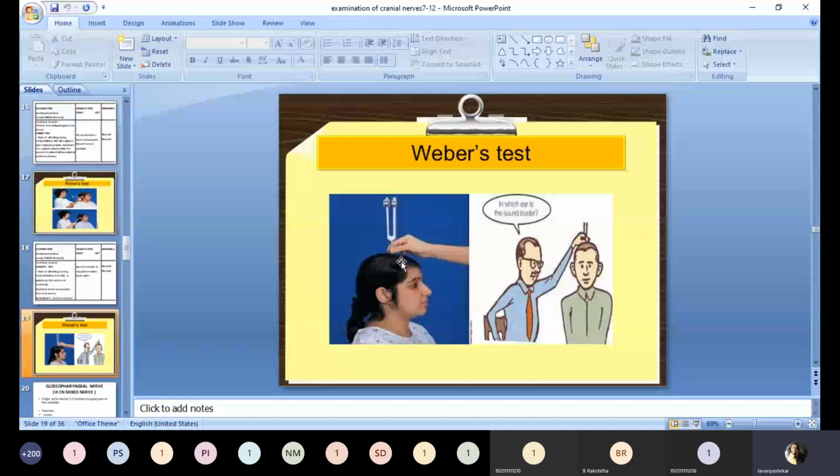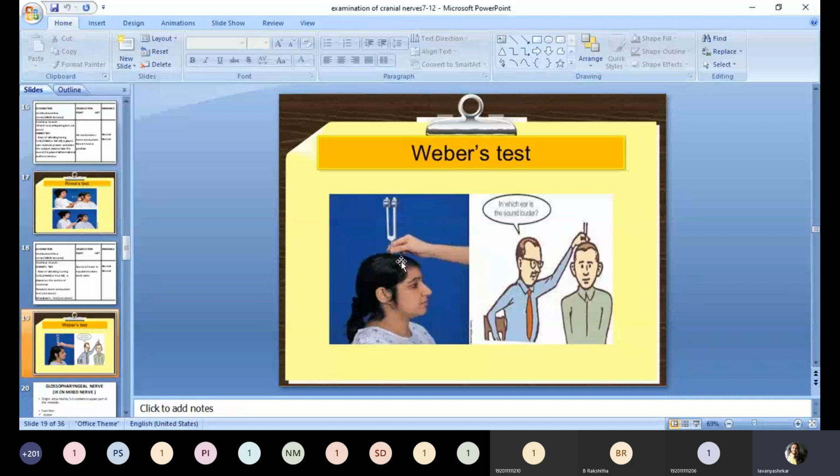I repeat, first you will set the tuning fork into vibration and place it on the forehead. In a healthy individual, when the tuning fork is placed on the forehead, the sound will be heard equally on both the sides. But if the sound is better heard by the defective ear, the defect is due to conduction deafness.